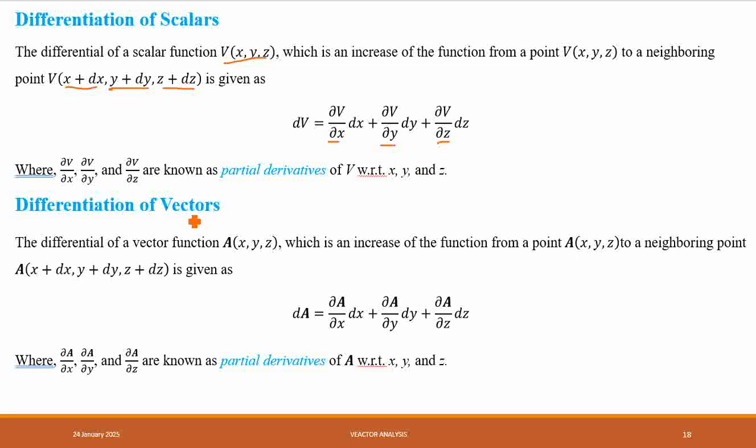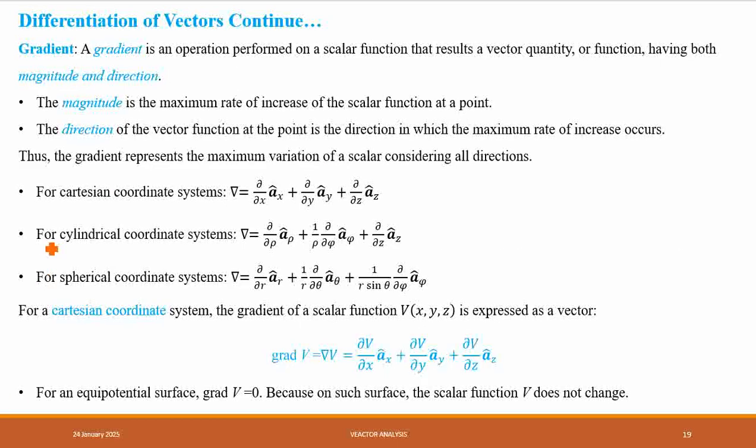Now, if I go for the differentiation of a vector, suppose I have considered a vector A, and how can I differentiate it? The differentiation of any vector we can represent using this equation, where these are the partial derivatives of vector A with respect to x, y, z. Now we will discuss the gradient.